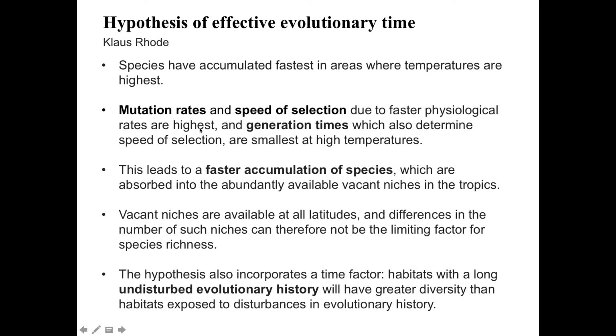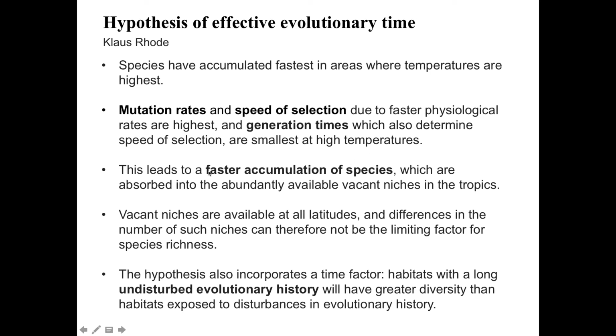It's known that mutation rates and speed of selection occur faster due to faster physiological rates at high temperatures. And generation times, which also determine speed of selection, are smallest at higher temperatures.